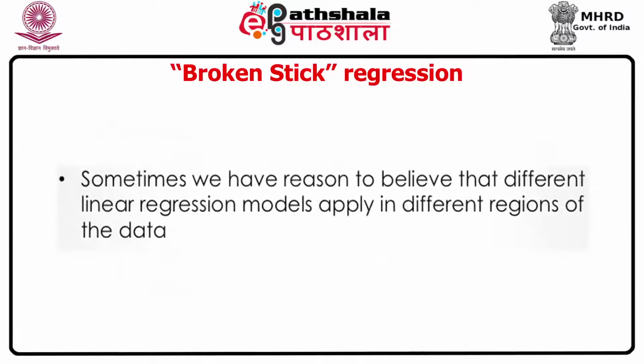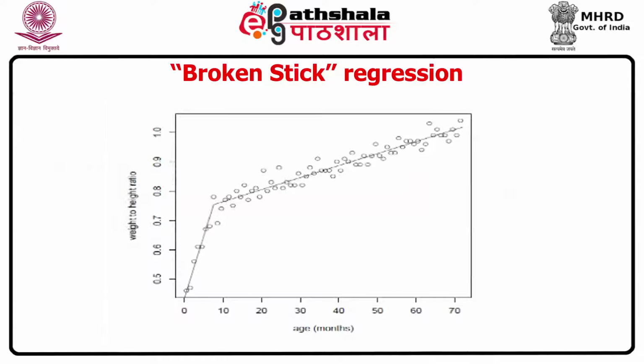Now recall that when we fit a line to a scatter plot, we are assuming that the slope of this line remains constant throughout the range of the dataset. Now there is no reason why this should hold, and it might be that the slope varies in different neighborhoods of the predictor. When this happens, the regression line looks like a broken stick, and hence the name.